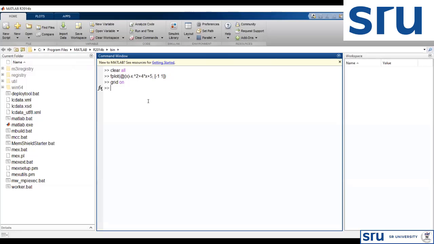After that, I have to find x, fval is equal to fminbnd, then your function.